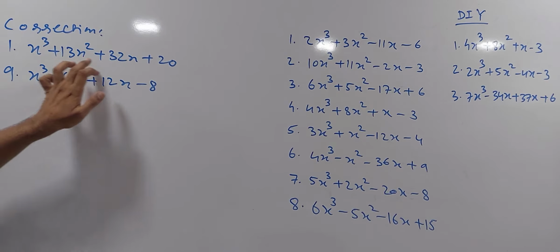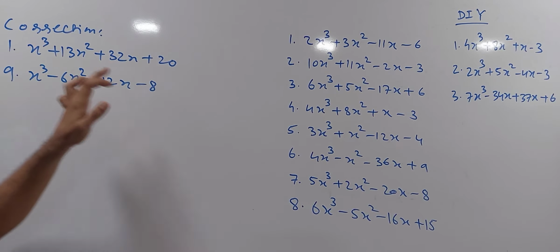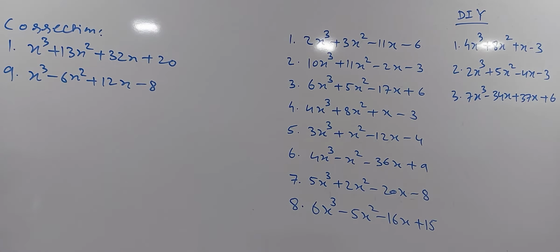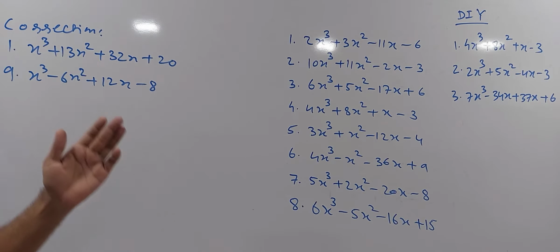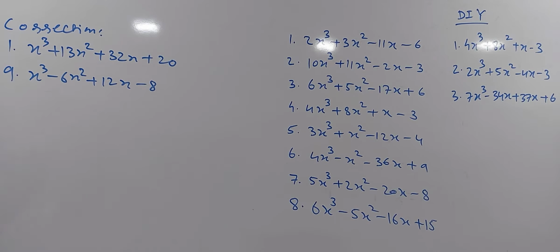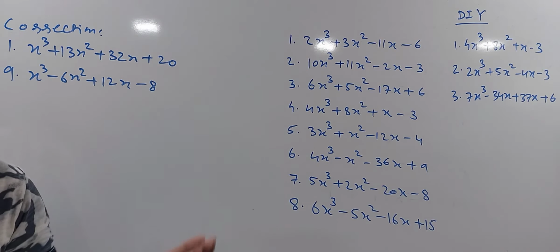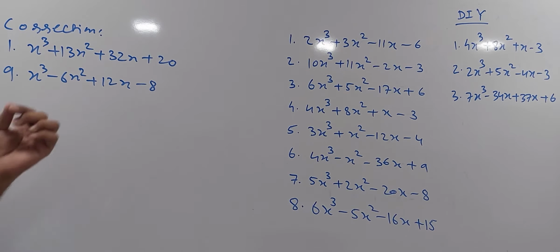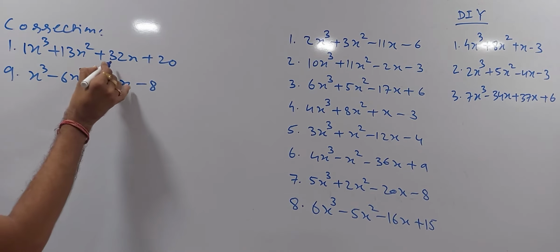See here, all the terms are positive. That means we have seen that when the terms are positive, what exactly we are going to get is negative roots. So obviously what will be those negative roots? We have another connection here. The coefficient here is 1, the coefficient here is 32.